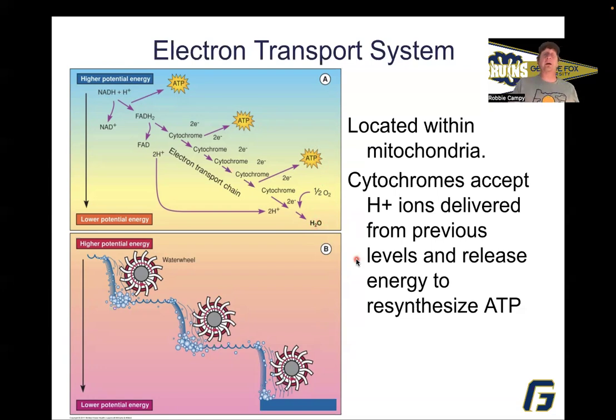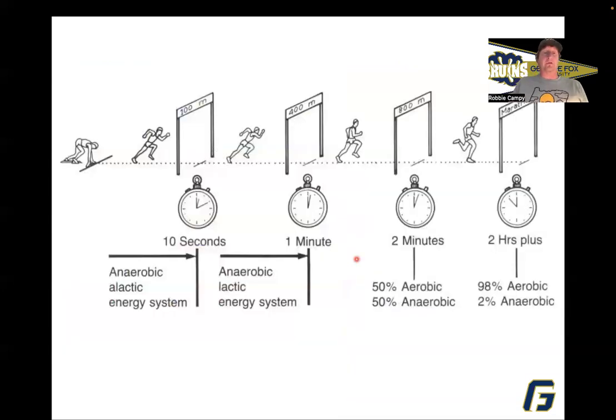Okay, so we've talked about all three of the different energy systems. This one's going to use some of the same language. Not every slide uses all identical language. At the beginning, we talked about the immediate energy system, lasting somewhere around 10 seconds. This slide referred to it as anaerobic because it wasn't going to need any oxygen, and they refer to it as alactic.